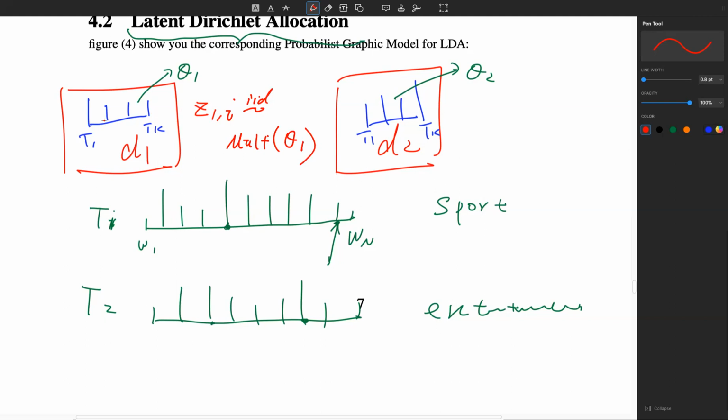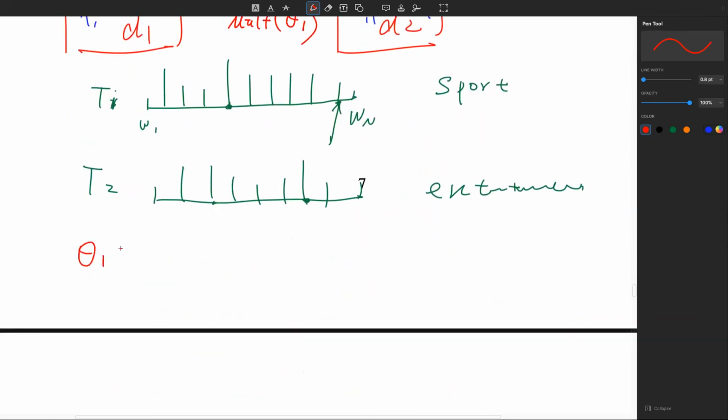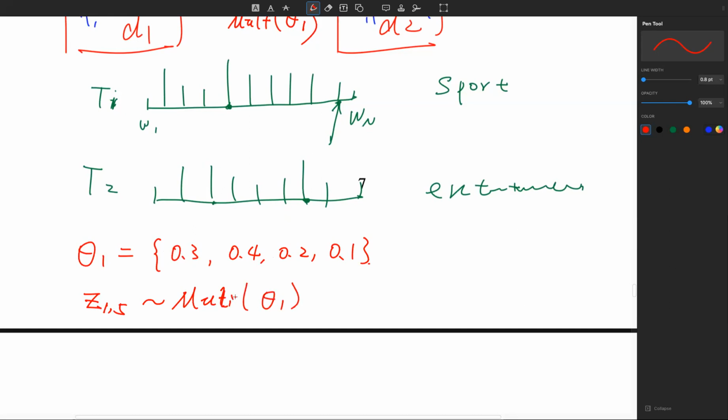Just imagine theta1 has altogether 4 topics. So theta1 is like 0.3, 0.4, 0.2, and what's the remaining? 0.1. If I actually want to draw Z, all I need to do is a multinomial draw where theta1 is used as a parameter.